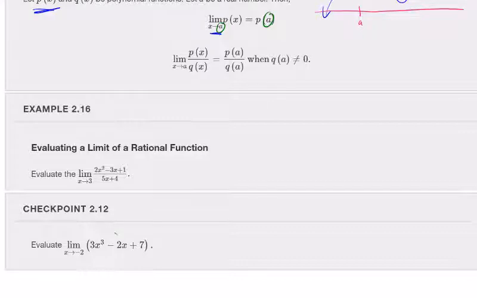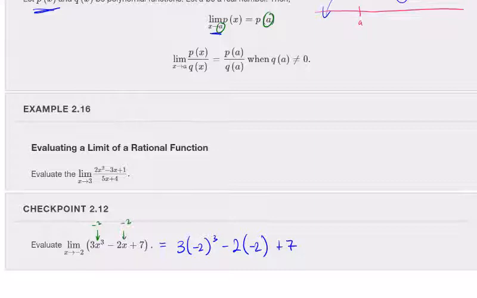So I could use our limit laws like we did before, which may be more efficient than using a table. But even more efficient, all I need to do is plug in -2 as the input and just evaluate this.